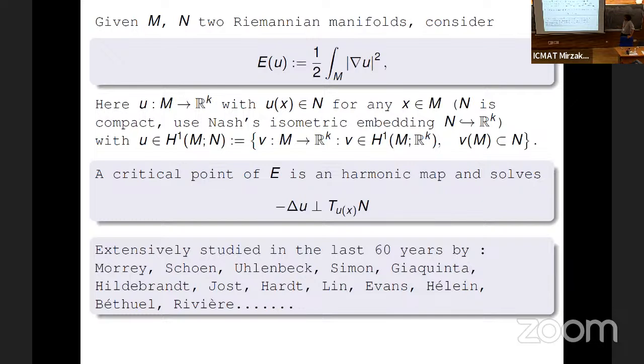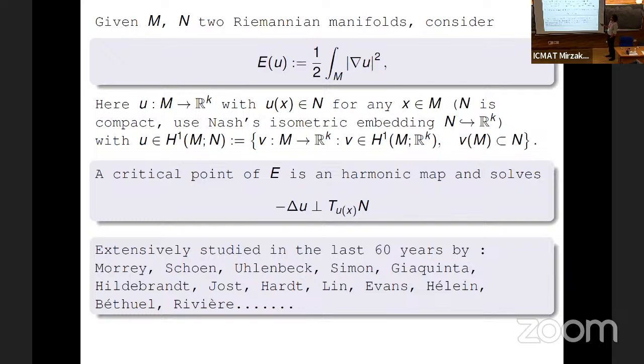You take minus Laplacian of u and you impose that the vector minus Laplacian is perpendicular to the tangent space at the point u(x) of the manifold N. Okay, so I will call a harmonic map a map that is a solution of this nonlinear PDE.